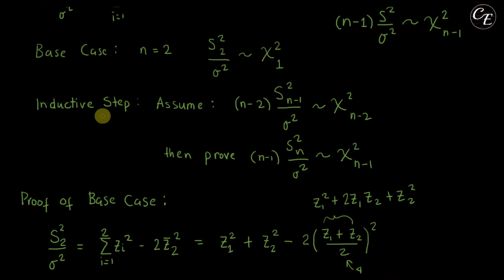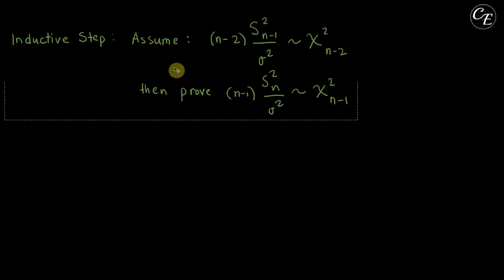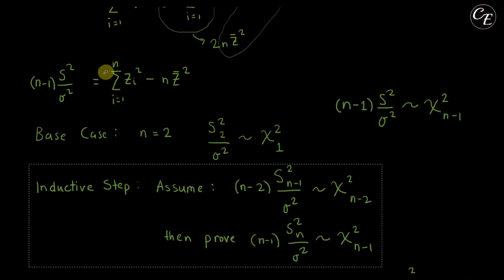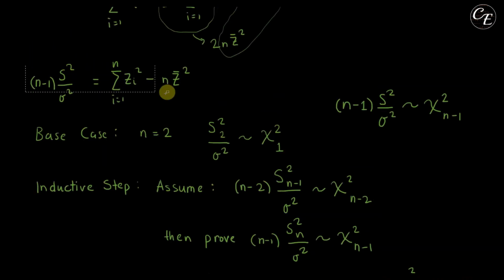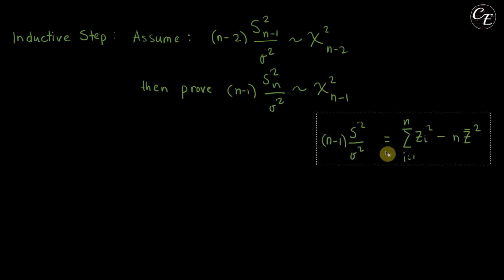Now let us go with the inductive step. Let me copy this one, and then also let me copy the formula for this one. So we can assume this one, and then we can prove this one. This one has a chi-square distribution with n-2 degrees of freedom, while this one has a chi-square distribution with n-1 degrees of freedom.